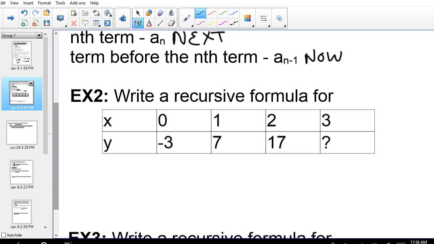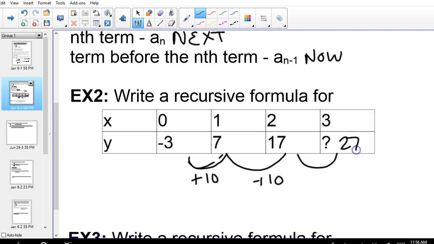But if you're asked to write a recursive formula, so we've got -3, 7, 17, what are we doing each time to get to the next value? We're adding 10, right? So if you only look at the y's, we're just adding 10 each time. This next one right here, you'd have 27.